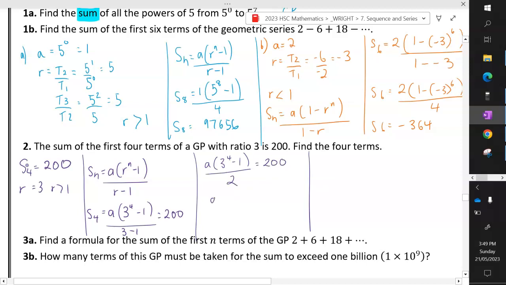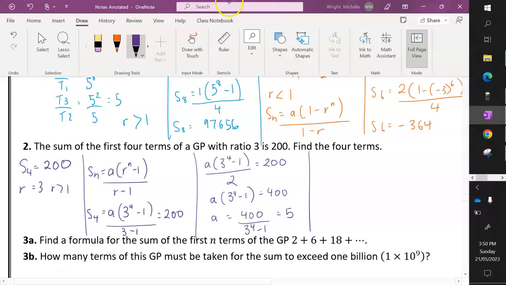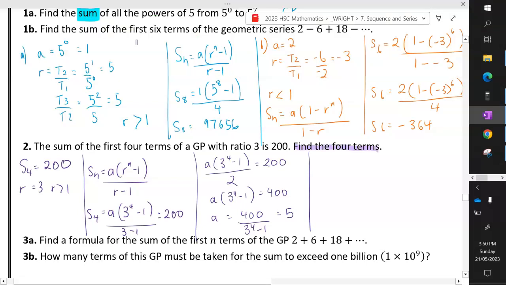Neatening that up, A times 3 to the 4 minus 1 equals 400. I've just timesed by the 2 that's on the bottom. So A is going to be 400 divided by 3 to the 4 minus 1, which is going to be equal to 5.